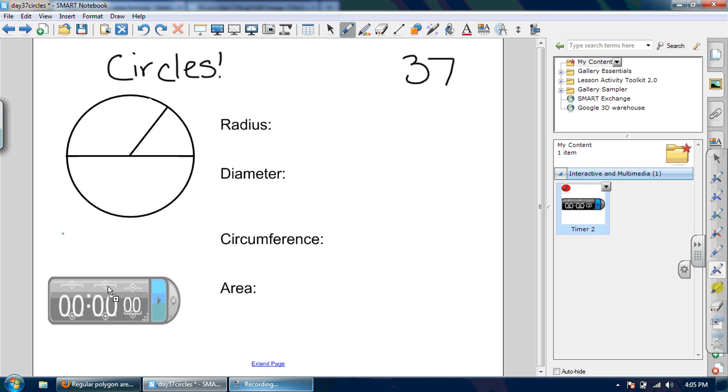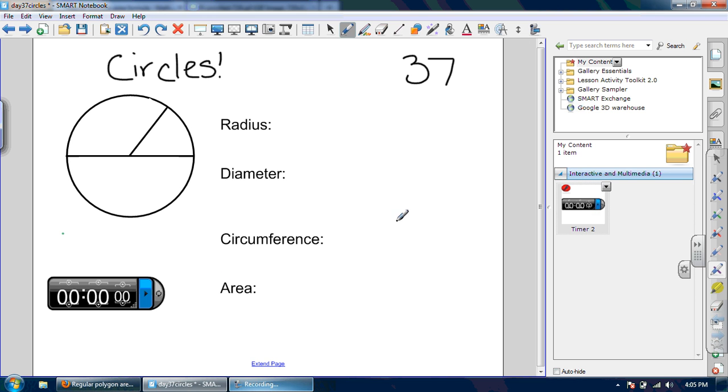Here's my handy timer. All right. This is a little bit boring without kids here.